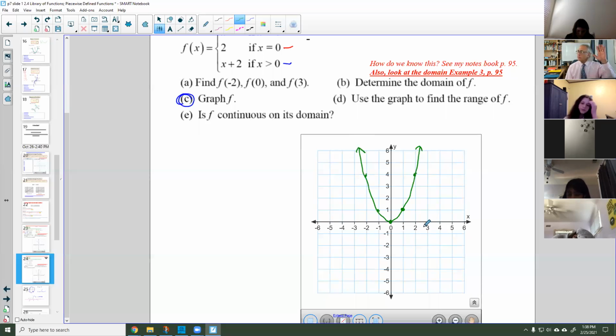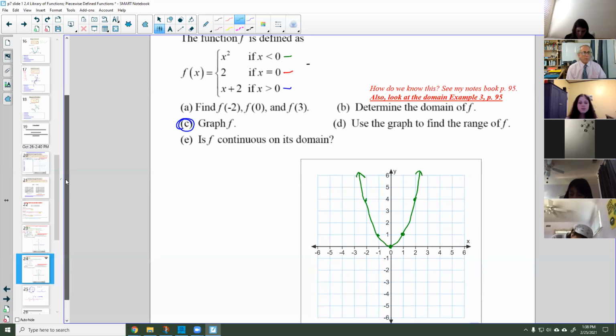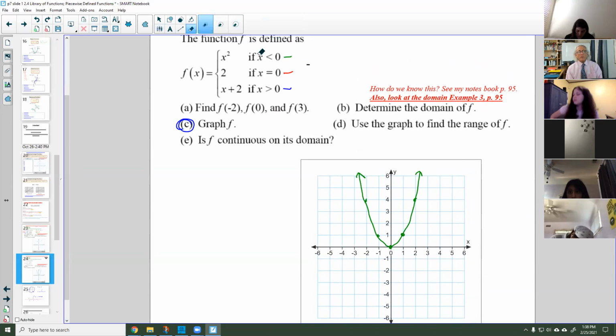Is everybody okay with that? The graph of x squared. But then I look a little bit more closely and I say, oh, wait a minute. It wants the graph of x squared, but only if my x's are less than 0. So I'm going to go to my graph and erase everything where x isn't less than 0.